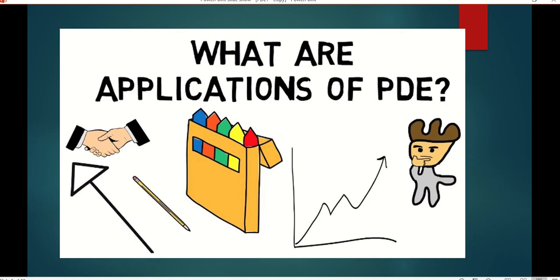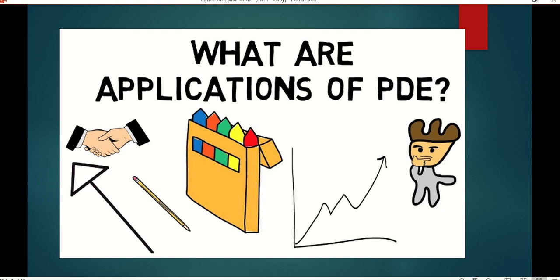Now we see about the applications of PDE. We know that PDEs are mathematical equations used to model a wide range of phenomena in engineering. PDEs describe the relationship between a function and its partial derivatives, and they are used to model many physical phenomena including fluid dynamics, heat transfer, and structural mechanics.